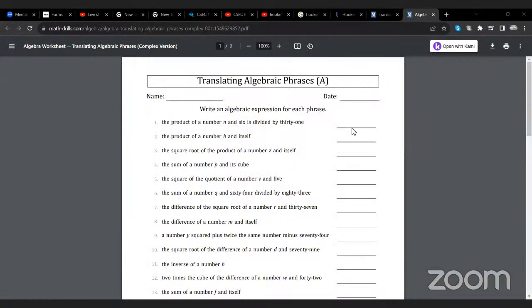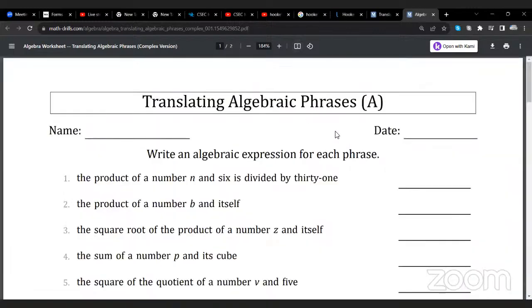Let's see if we can manage the complex version. Ready for the complex one? Let's go. So you're going to read it slowly and use what you know about it.